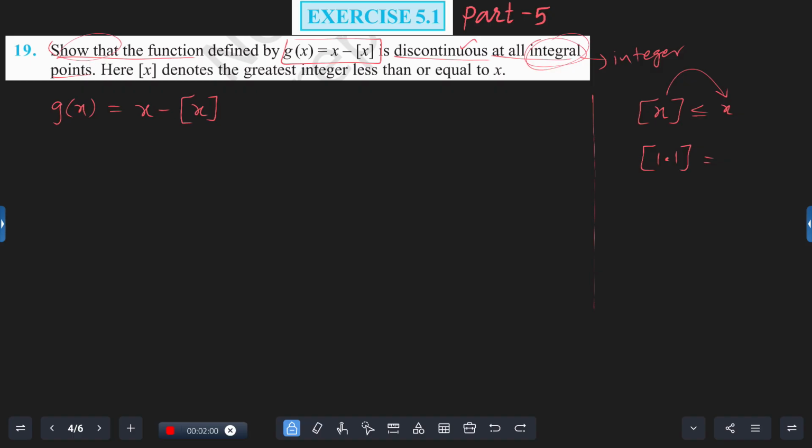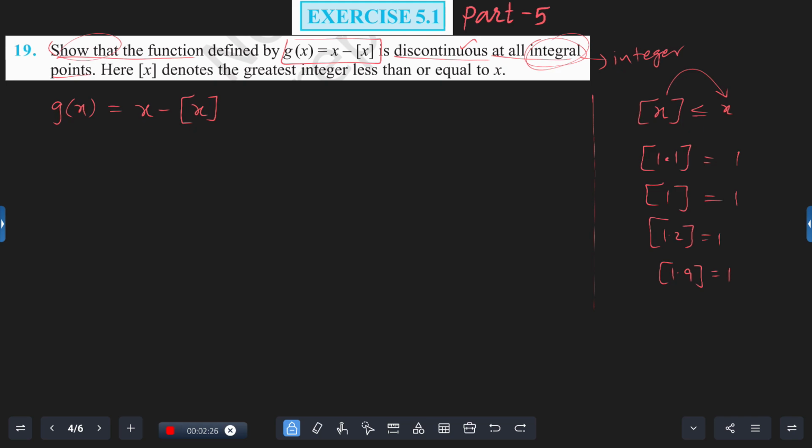So for 1.1, the integer less than it is 1. Suppose I give 1 itself, the integer equal to it is 1. So 1.2 gives 1, 1.9 gives 1, because the outcome must be an integer and must be less than or equal to the number.